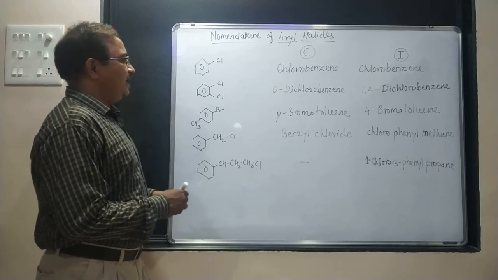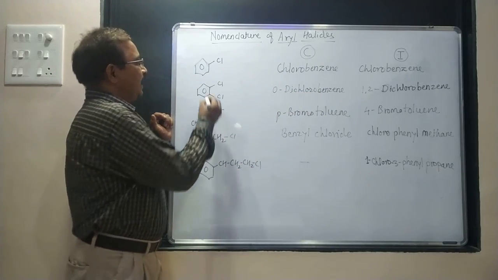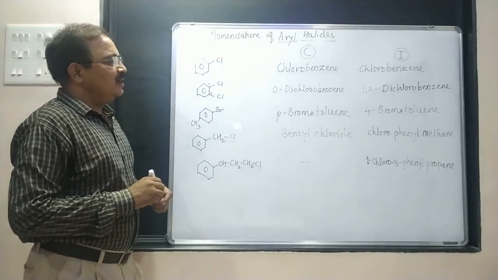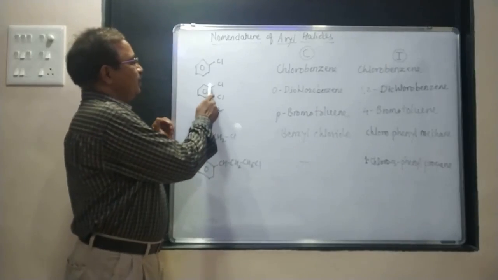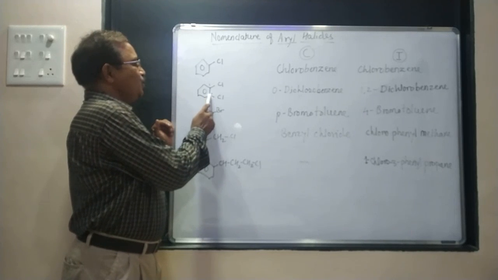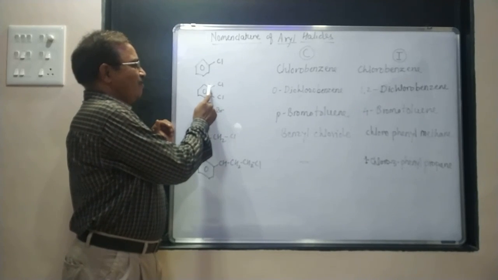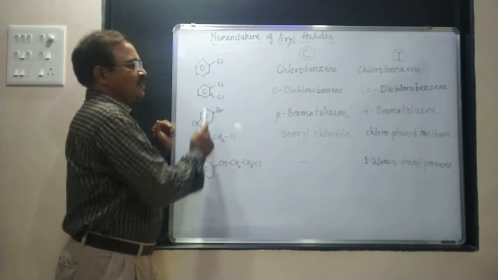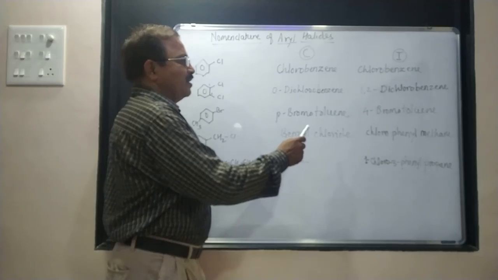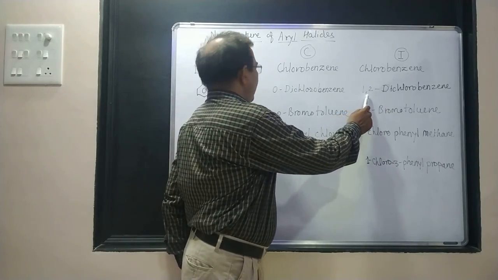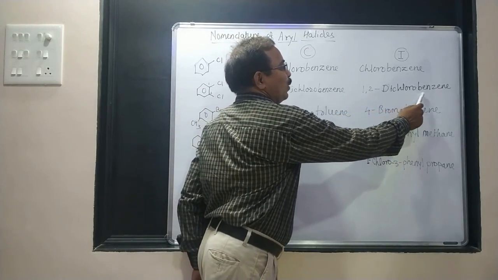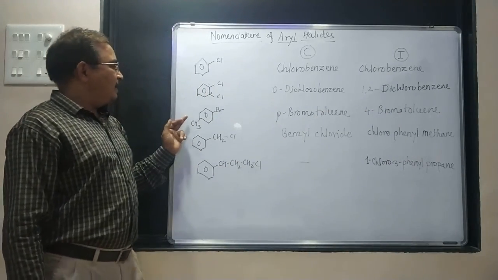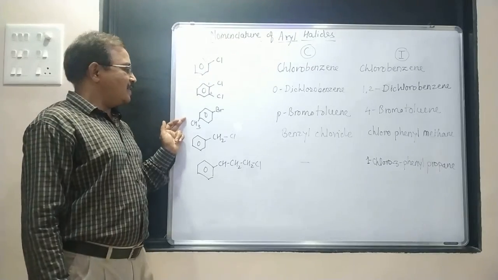While giving the IUPAC name, we have to give numbers 1 and 2, so that chlorine is present at the first carbon atom of the benzene ring and the second carbon atom of the benzene ring. Therefore, the IUPAC system name is 1,2-dichlorobenzene.